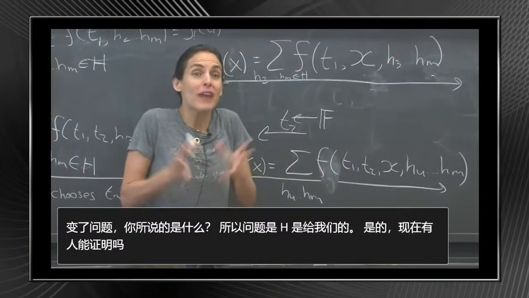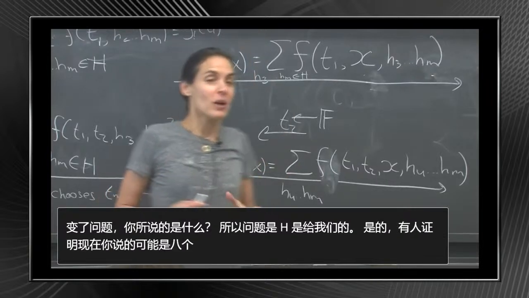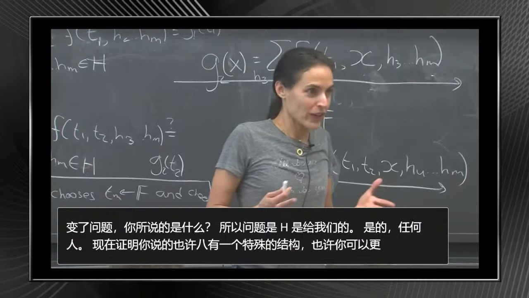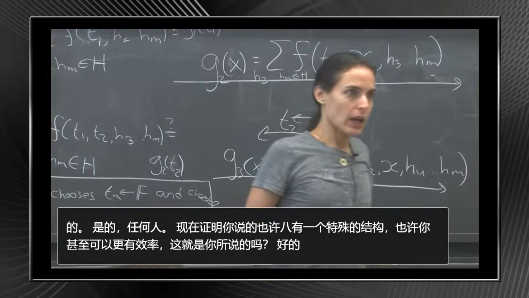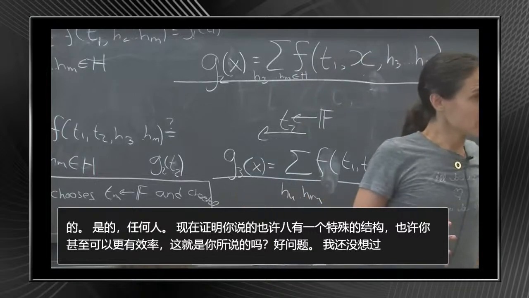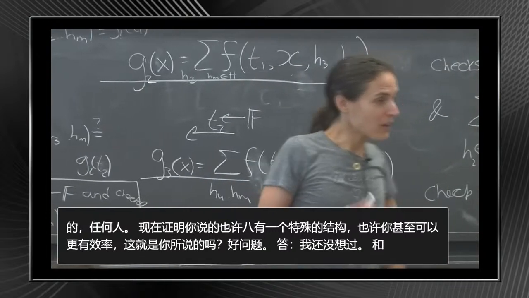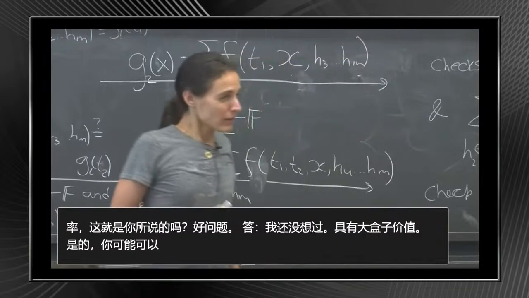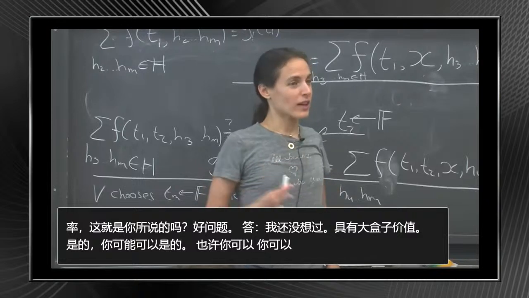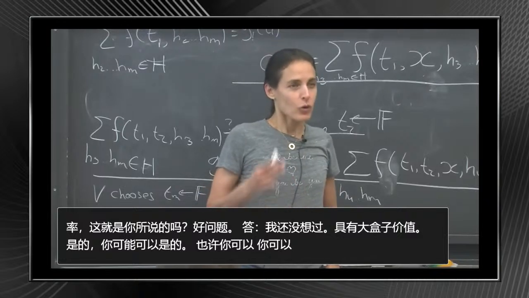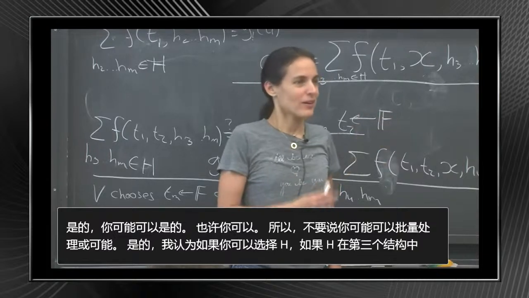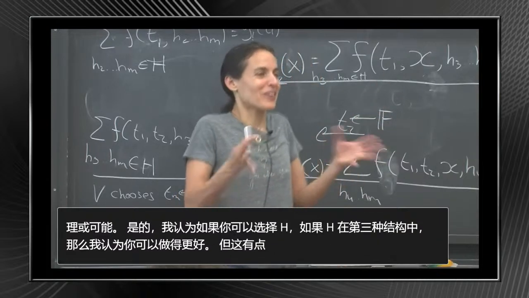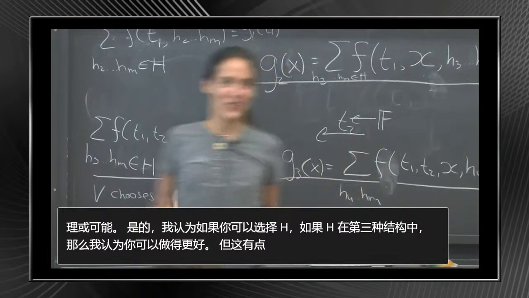Now you're saying maybe if h has a special structure, maybe we can be even more efficient. Good question. I haven't thought about it. Like batch evaluation. Yeah, probably you can batch things, so what Vinod was saying. I think if h is of a certain structure, then you can do better. But the verifier doesn't choose it, that's what's given to them. Great, okay, great.